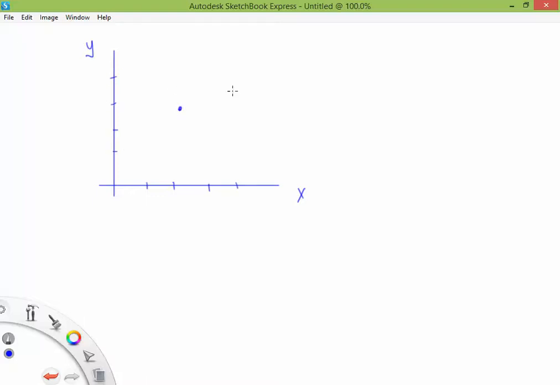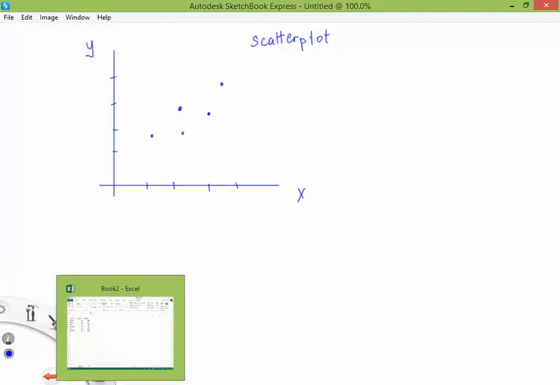And you put the dot wherever they are. So this is just an example scatter plot. We're going to make the scatter plot using our data that I've typed into Excel. Is that okay?